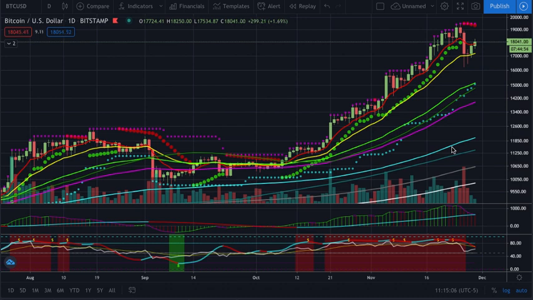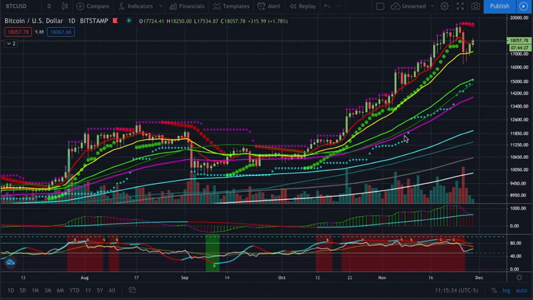Right now we're on the daily, so the exponential daily 200 takes the last 200 days and weights the most recent ones heavier. This price action up here is weighted more than the price action back here. The simple moving average just takes the last 200 days and weights every single day evenly. So you'll notice they're different but very similar, in that one has that weight to it and one does not.